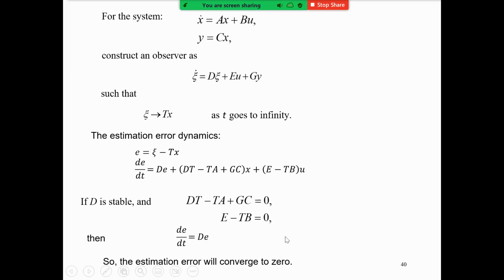Remember, how do you make those equal to 0? You cannot make D equal 0. You have to just make D stable. If you make D equal 0, the error will not go to 0. It will go to a constant.